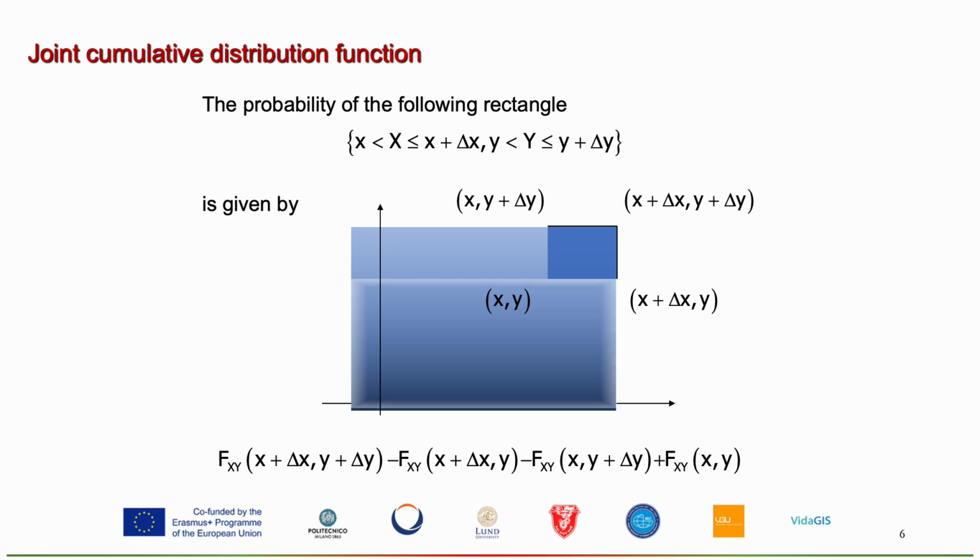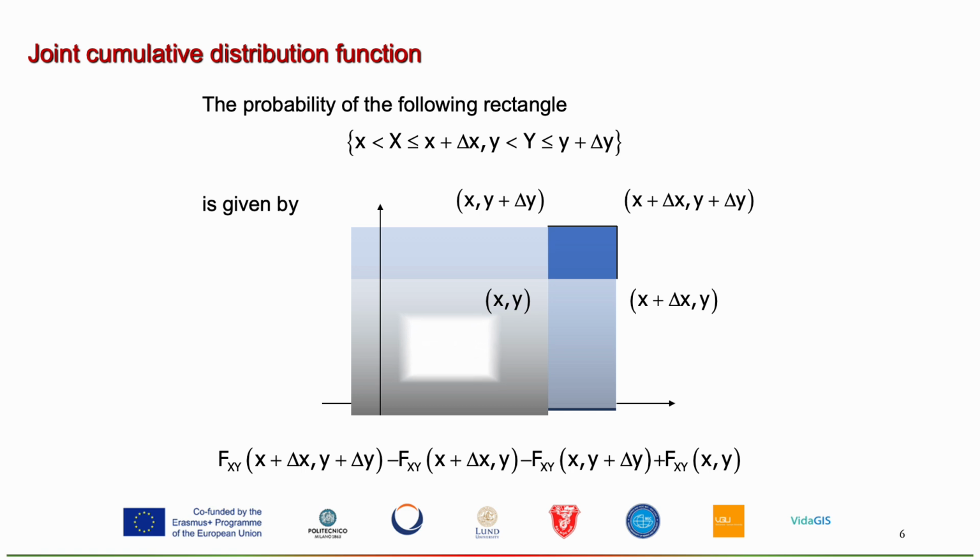You have to subtract F xy of x plus delta x, y. Sorry, I inverted y and x. You have to subtract F of x, y plus delta y, and because you have subtracted two times the same quantity, you have to add F of xy, exactly in the formula written below the graph.